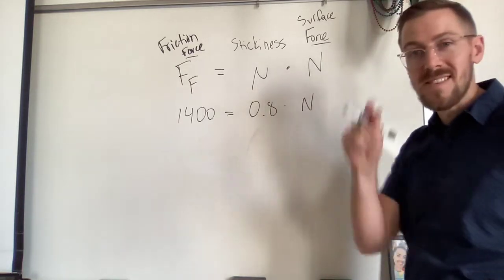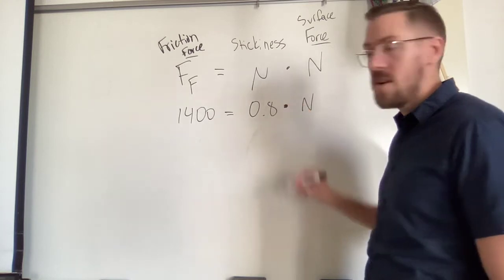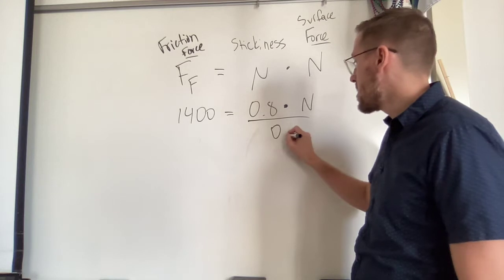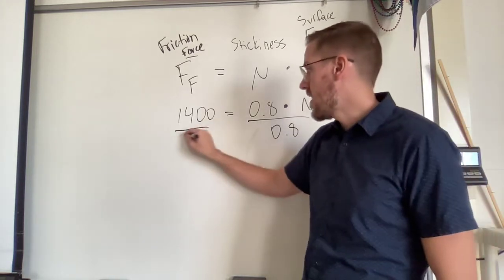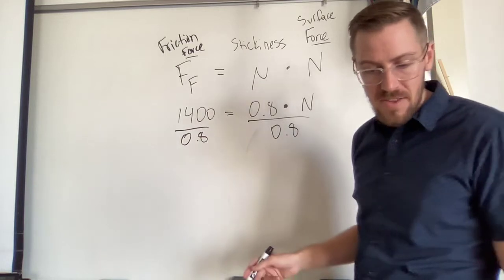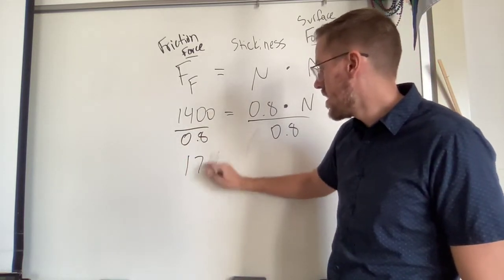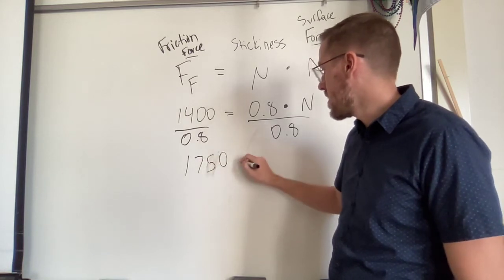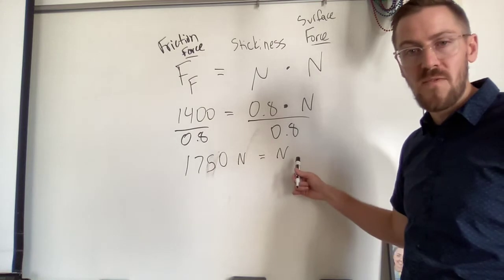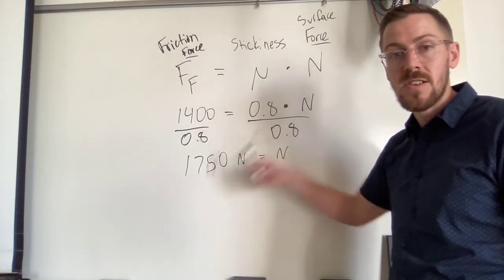Now all I have to do is a tiny bit of algebra, because since it's multiplying here, you undo that by dividing. To get N by itself, divide by 0.8. Go to your calculator and type that in, and you get 1,750 newtons equals N. The normal force is 1,750 newtons.